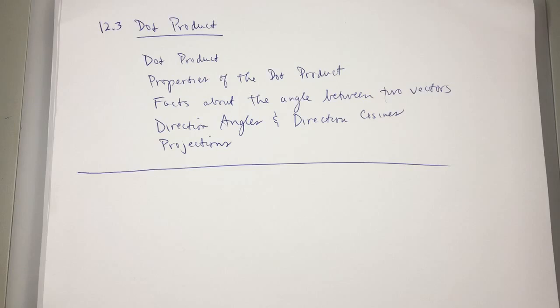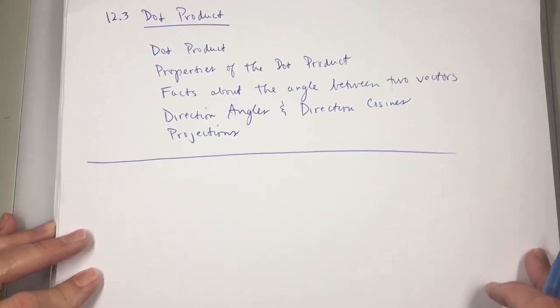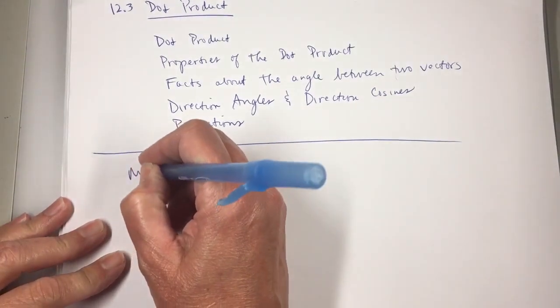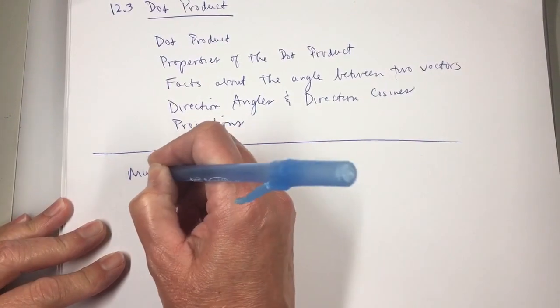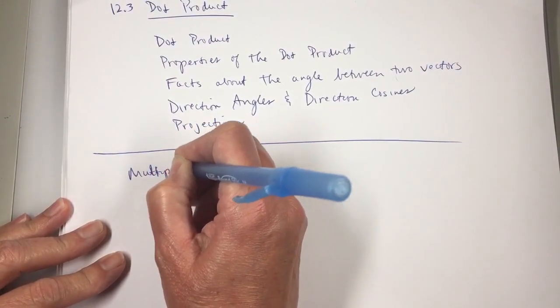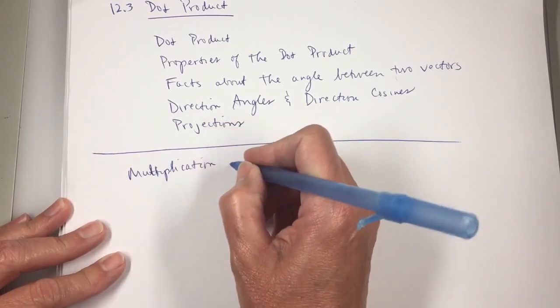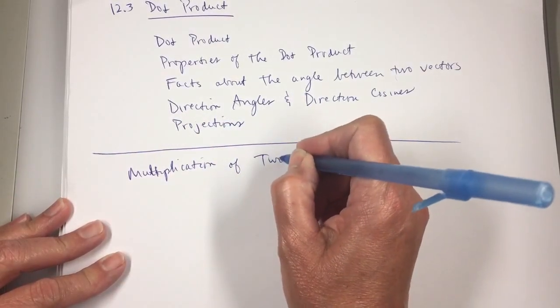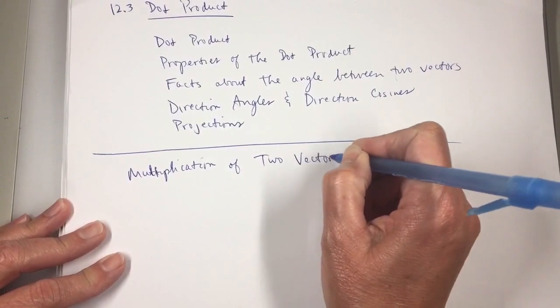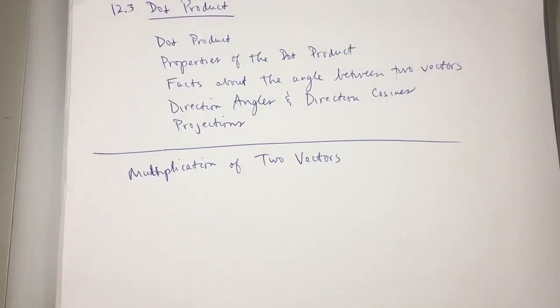And the thing about multiplication of vectors, there's 2 ways to do it. So I'm going to start off and say multiplication of 2 vectors. And there are 2 ways to do this.